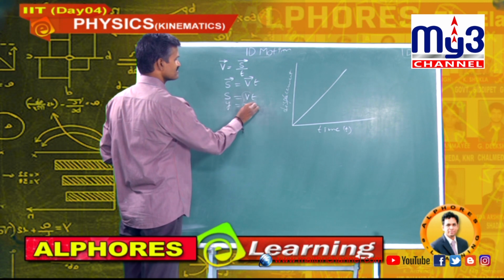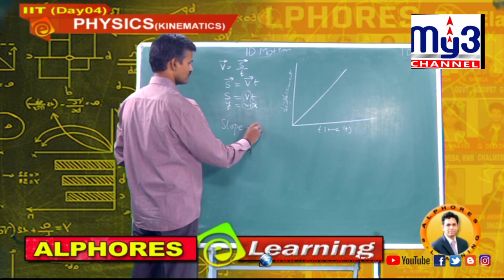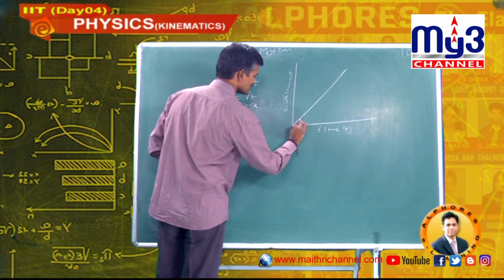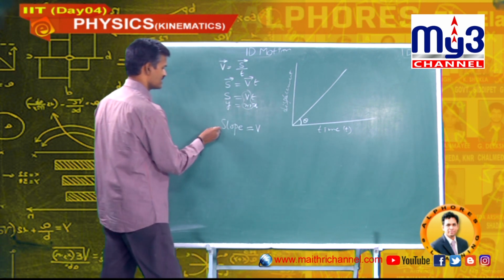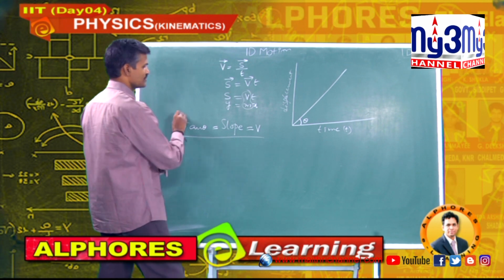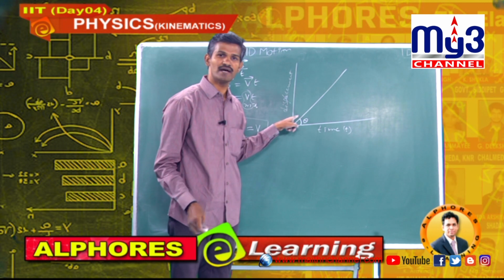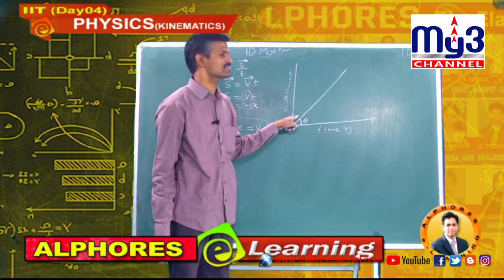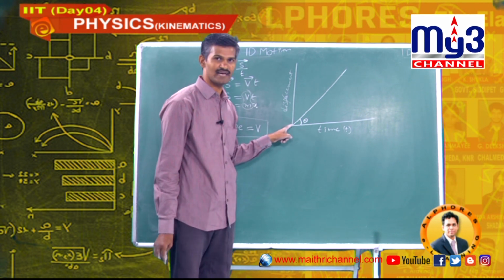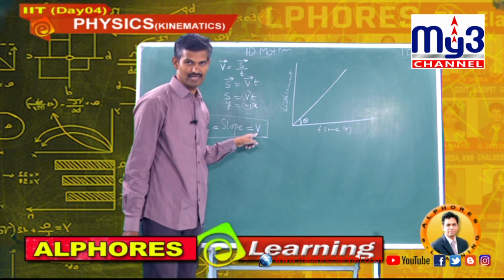This m is V, so the slope of the graph is equal to V. With this angle theta, the slope can also be written as tan theta. So if a body moves with a uniform velocity, the displacement time graph is a straight line passing through origin. Here the slope gives the uniform velocity.